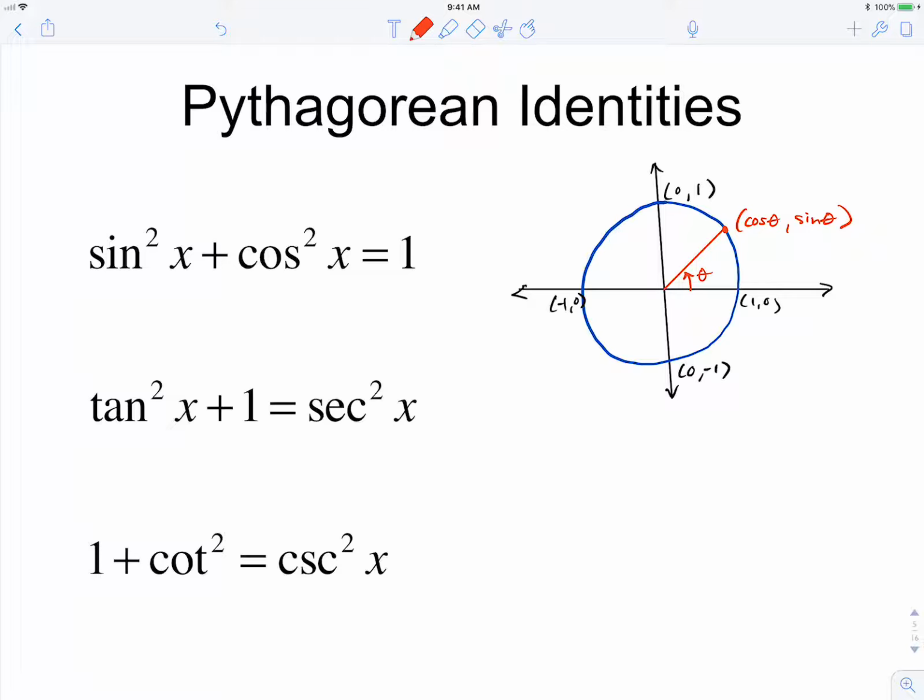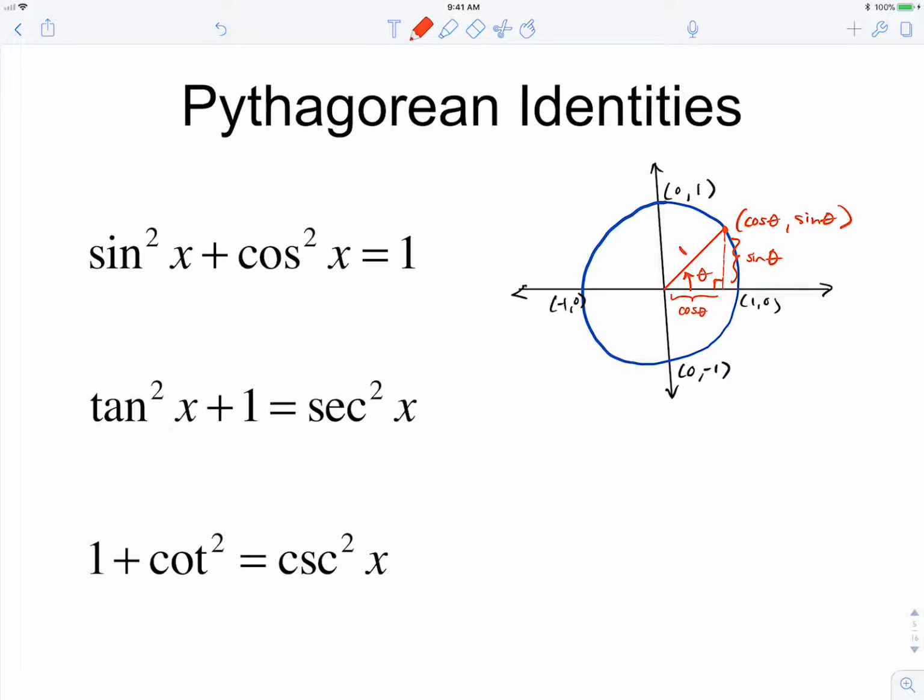And from here, if we thought about dropping a perpendicular so that we had a right triangle, we know the hypotenuse of that right triangle would be 1 because this is the unit circle. This leg of the triangle would be cosine theta, and this leg of the triangle would be sine theta.